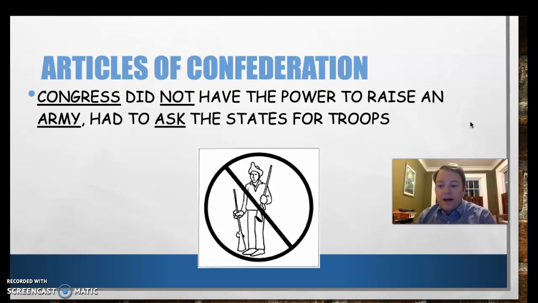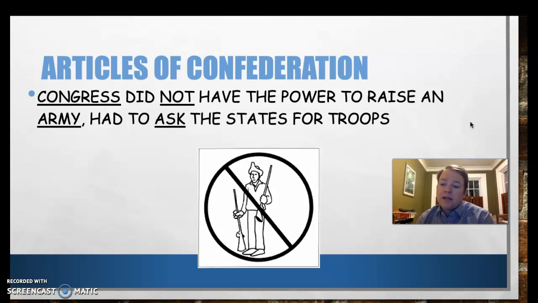On the flip side of that, Congress also doesn't have the power to raise an army. It has the power to ask the states for troops. Now, again, think about the byproduct. Think about what happened before to make this happen.